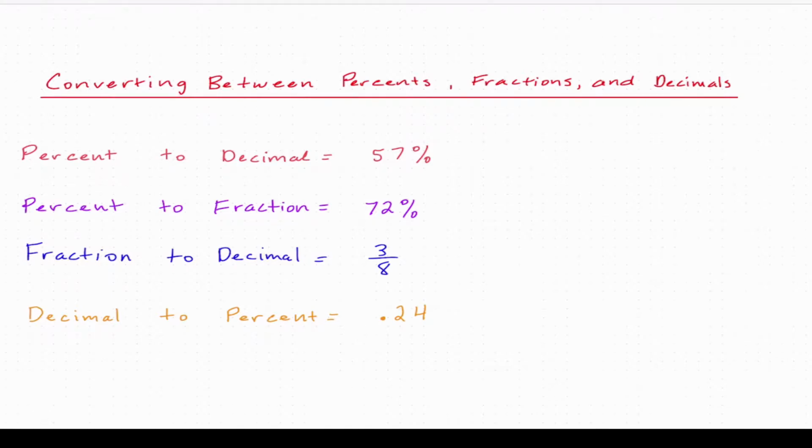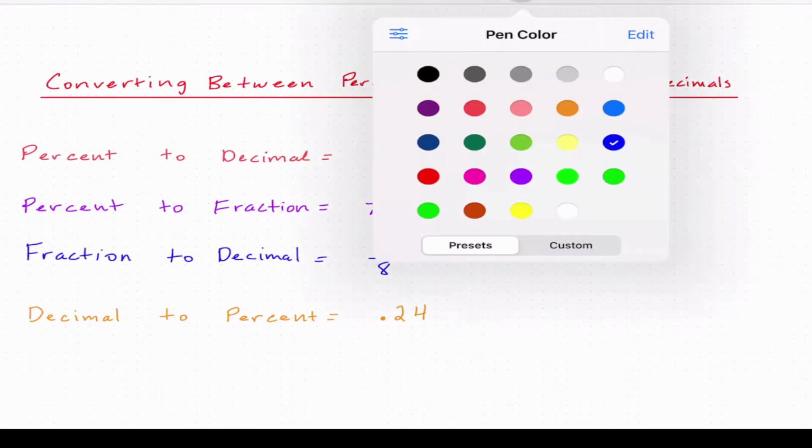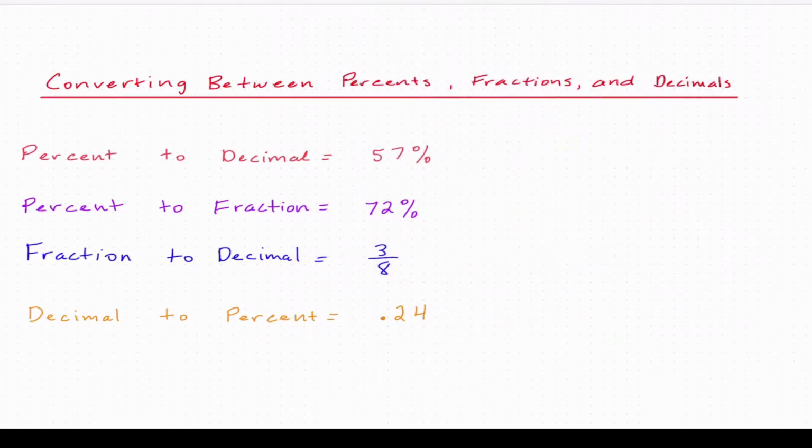Okay, the first one we're going to look at is percent to decimals. To change a percentage to a decimal, the little trick is that all you have to do is move the decimal two places to the left.